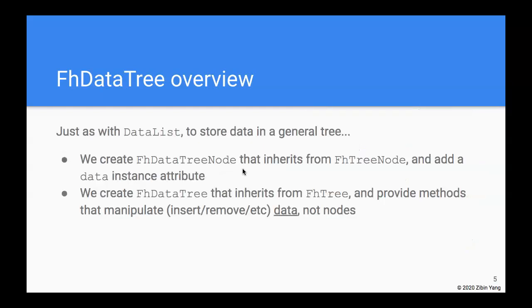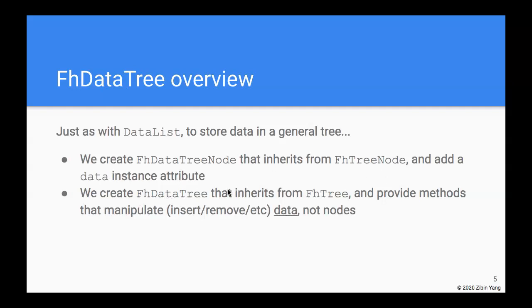So in order to store data, we'll do something very similar to when we implemented the data linked list. We'll create the data tree node that inherits from the tree node, and we can store data in the data tree node.